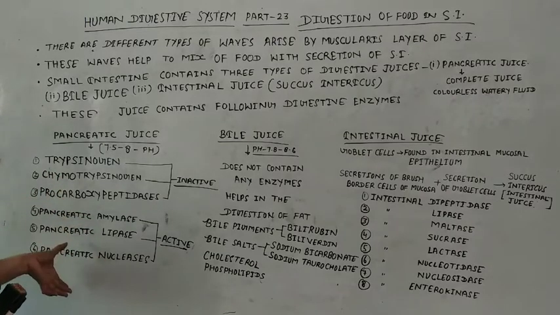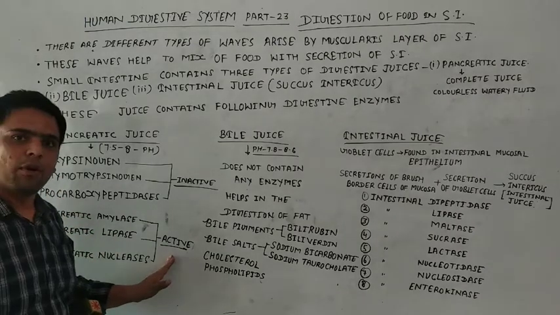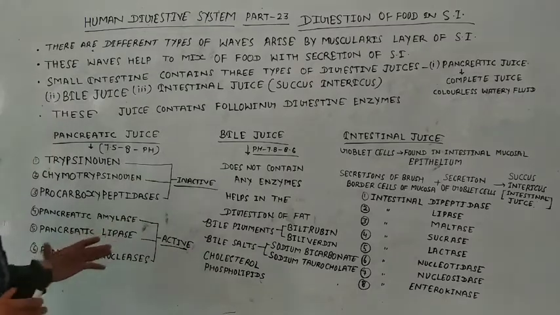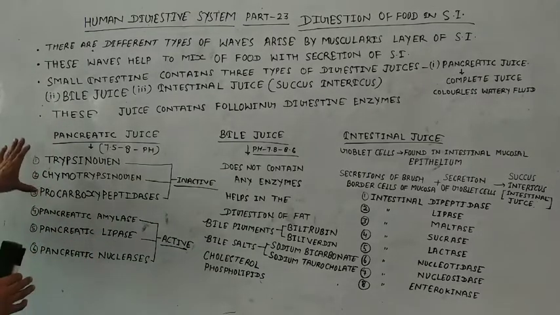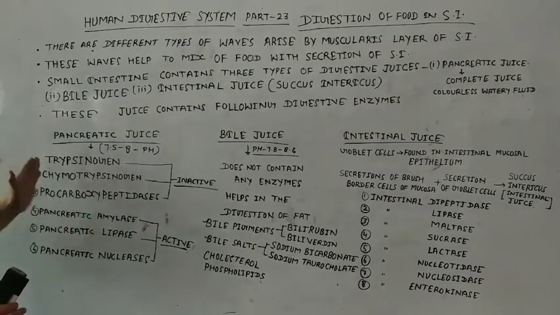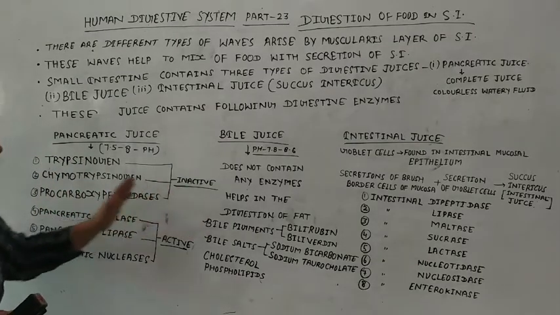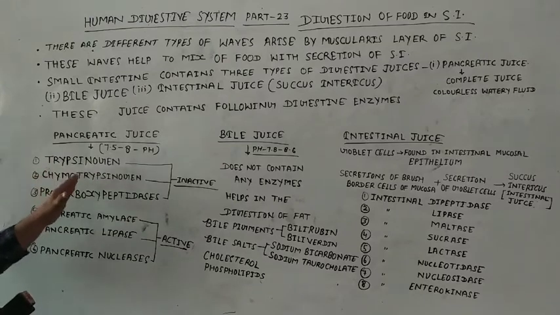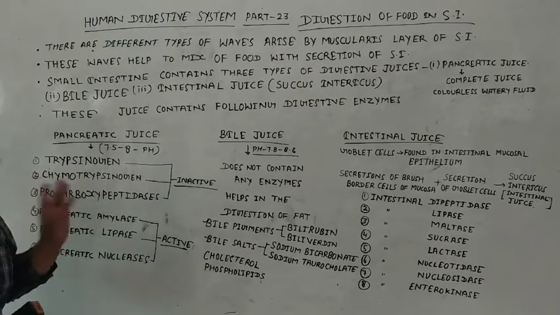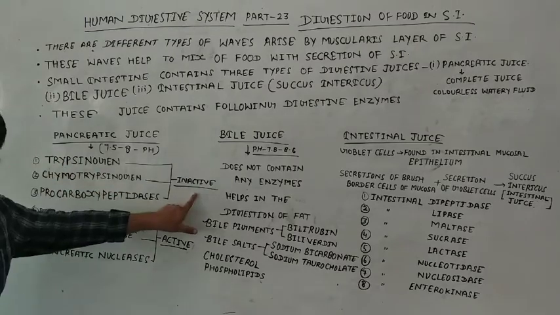Clear? These three enzymes are found in active form. Clear, students? The active forms of the enzymes which are found in inactive form are known as trypsin, chymotrypsin, and carboxypeptidase.